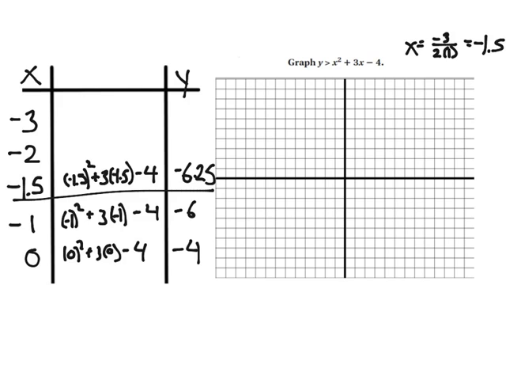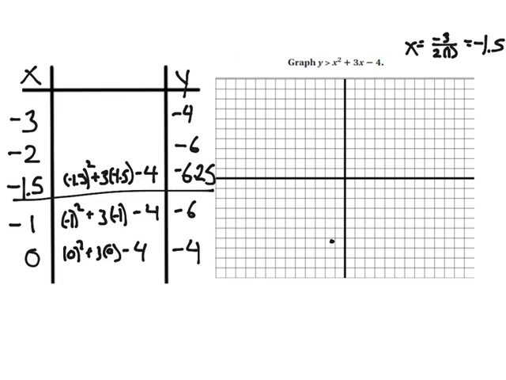So, I graph this, because these should just repeat up here. And I go to -1.5, -6.25, 1, 2, 3, 4, 5, 6. About right there.